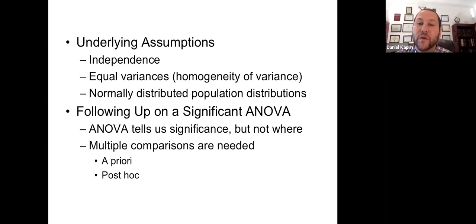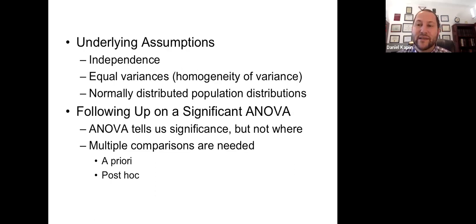We also assume equal variance, or homogeneity of variance. We said that we do that with the t-test as well. We expect there to be roughly similar variance scores. We don't want to have significant differences in our variances. We also assume that each of the populations are normally distributed, no different than a t-test.